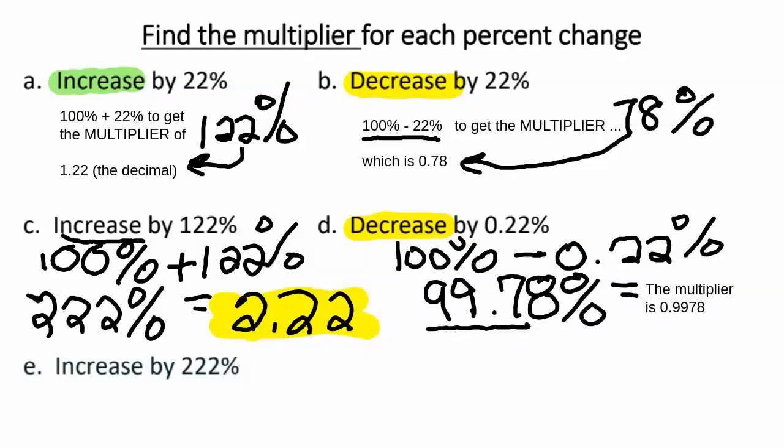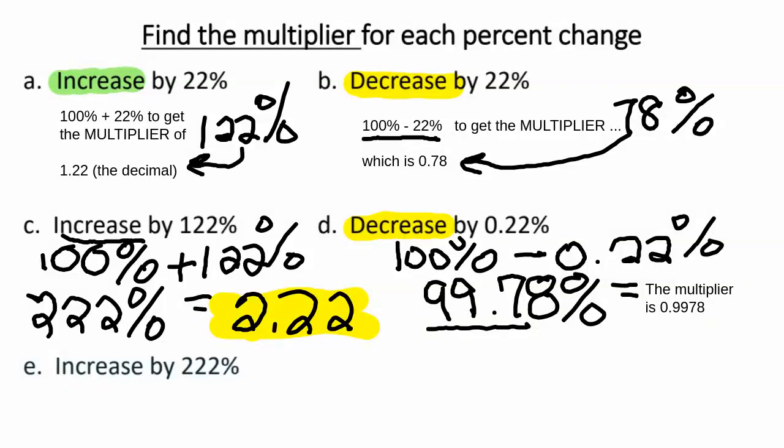The multiplier is the decimal. Now remember, 100 minus 0.22 is giving me 99.78. But the multiplier is the decimal, 0.9978.